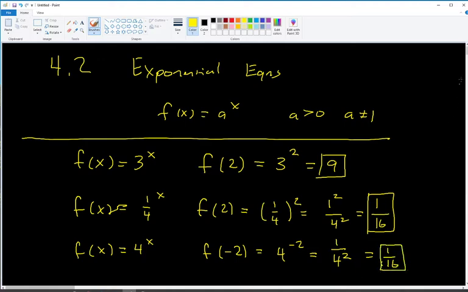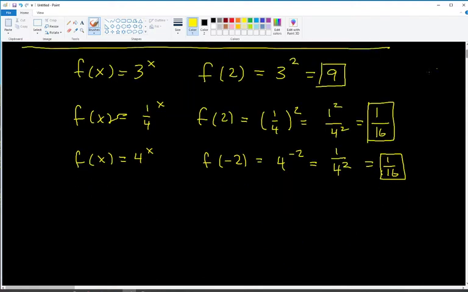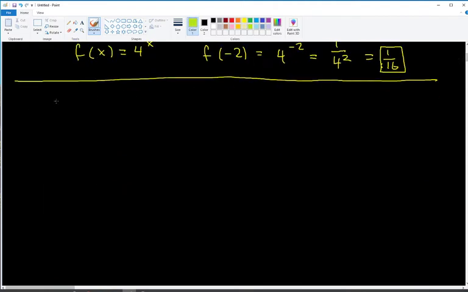So using this idea, we're going to plot some points and use those points to generate graphs of exponential equations. We're going to start out with our first graph, f of x equals 3 to the x.